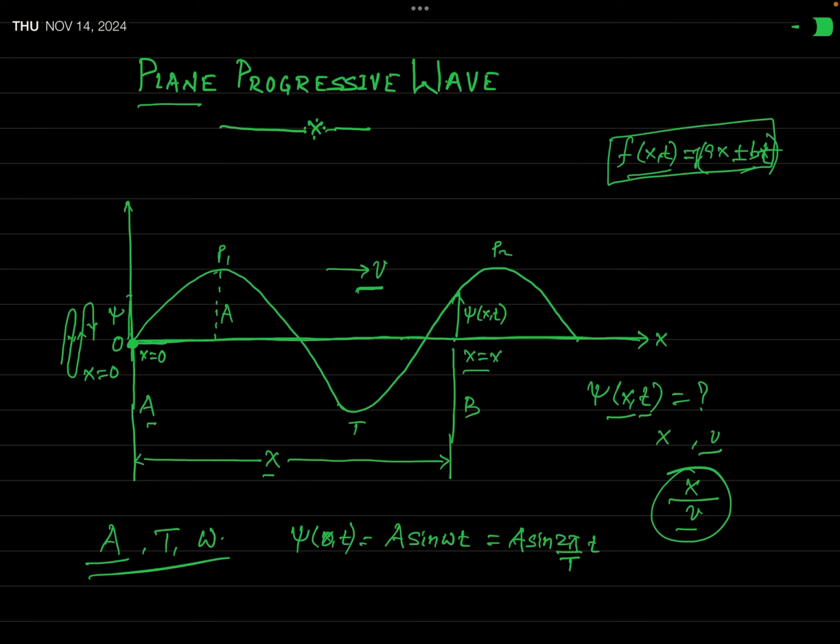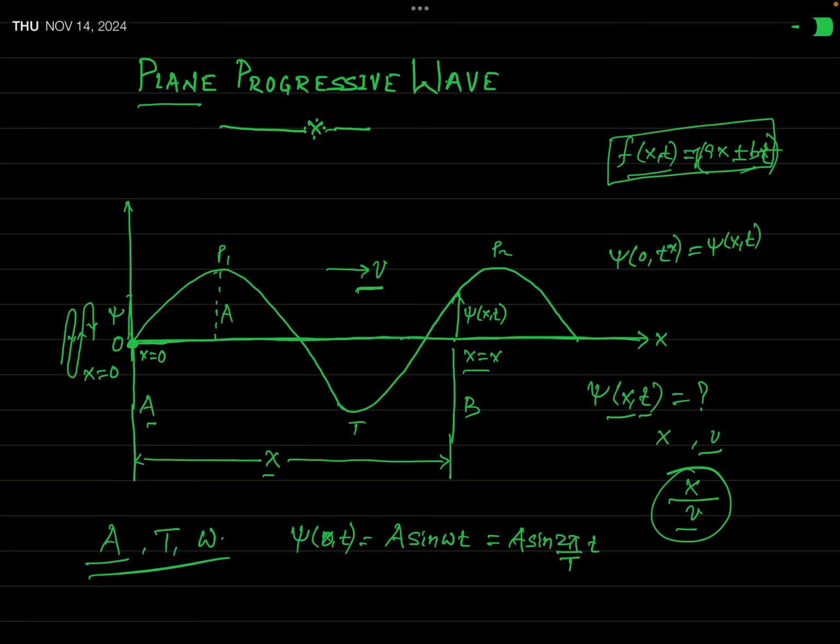So, the displacement of the particle at x equal to 0, and at a time t star, I will talk about what this t star is after some time, will be equal to psi of x,t. What does it mean? Let us see.